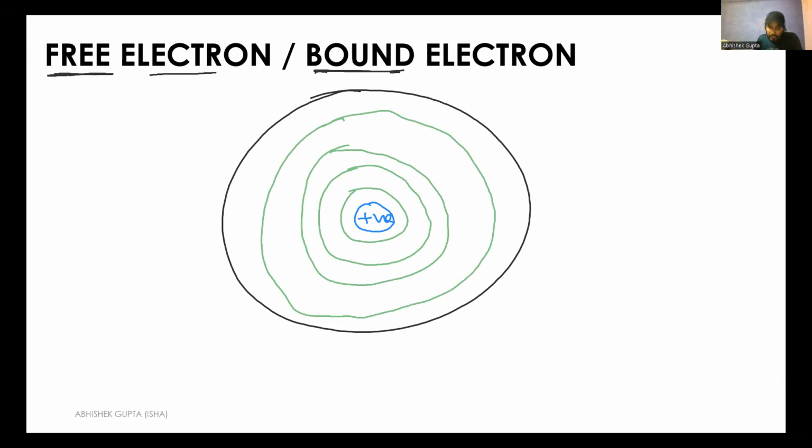In these shells we have electronic configuration, according to which the electrons are distributed, negatively charged, and some electrons over here also, negatively charged.